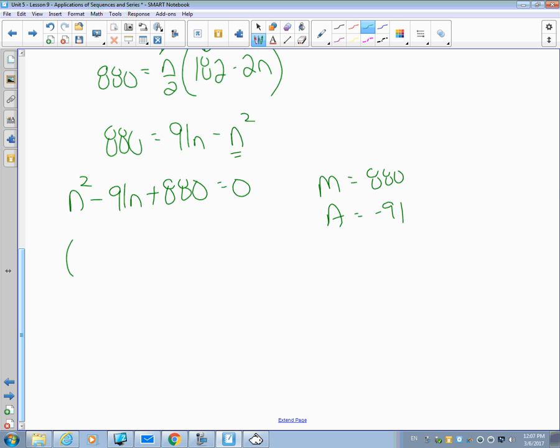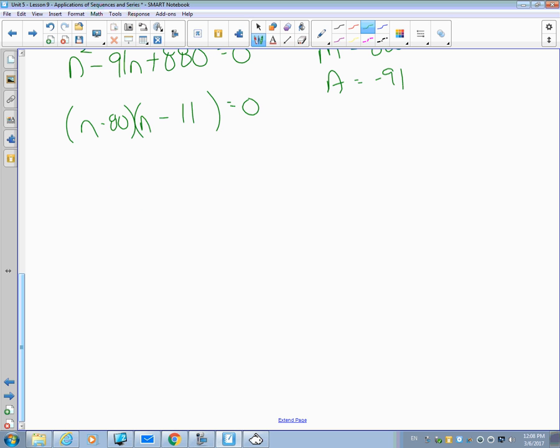And sure enough, we can actually come up with numbers that do that, it takes a second. And if we couldn't, we could always use the quadratic formula, but in this case we can. The numbers 80 and 11. That'll work. So, answers are either n equals 80 or n equals 11.